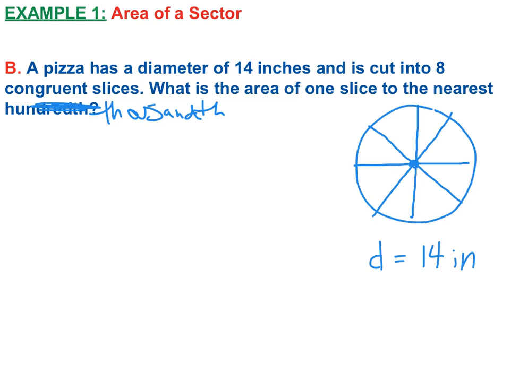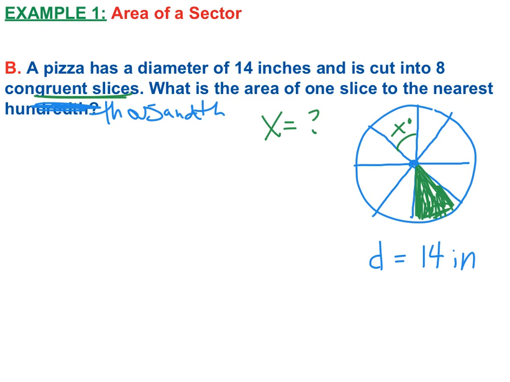Okay. So really, we are finding the area that one of these slices takes up. And you'll notice here that we don't have an x. We don't have a measure of that central angle. But since we know that they're congruent slices, we know that it's all going to be the same.